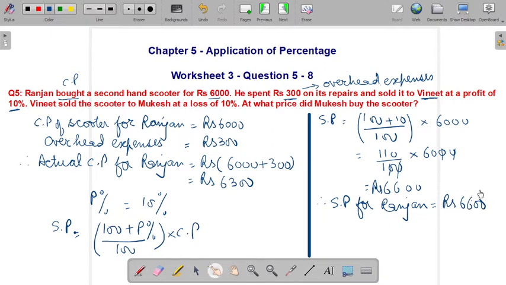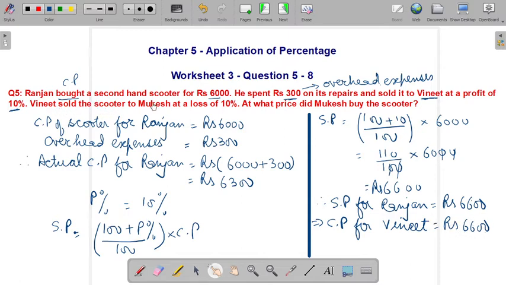So this 6,600 will become the cost price for Vineet, because Ranjan is selling a scooter to Vineet and Vineet is purchasing it. So purchasing means cost price. So cost price for Vineet is rupees 6,600.